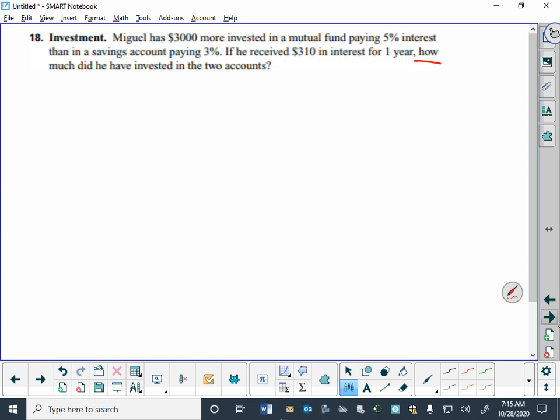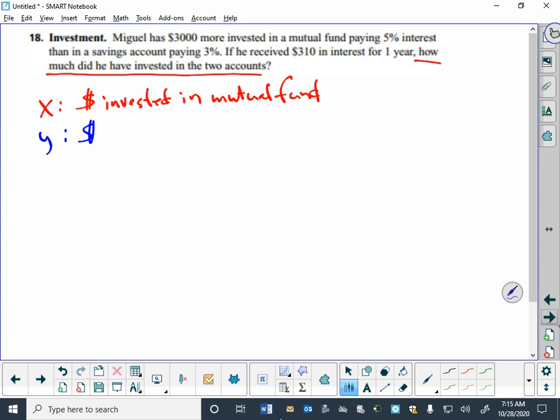That tells me what my variables need to be. I need one variable to represent the money invested in the mutual fund. And my y will be the money in the savings account.